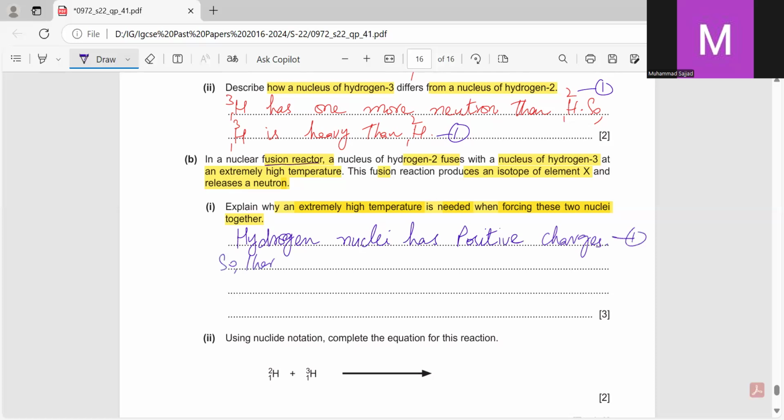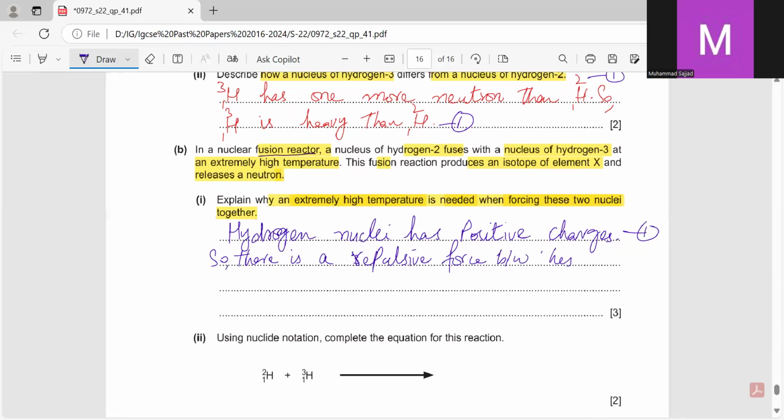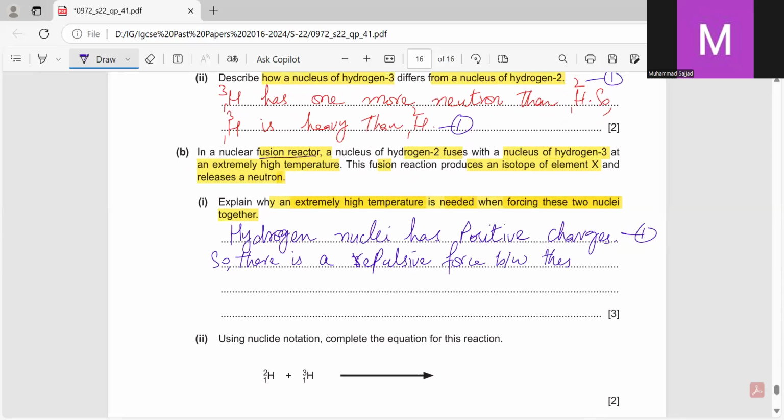So there is a repulsive force between these nuclei.